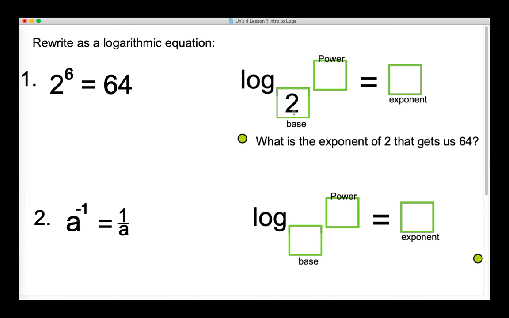No one ever messes up the base. We understand that the base of an exponent is the base, the bottom of a logarithmic. So what is the exponent of 2 that gets us 64? Well, the exponent of 2 that gets us 64 is 6.